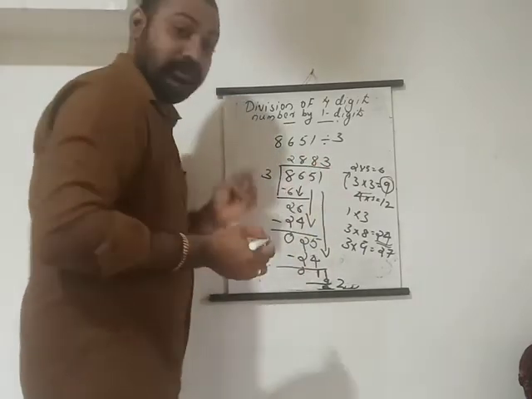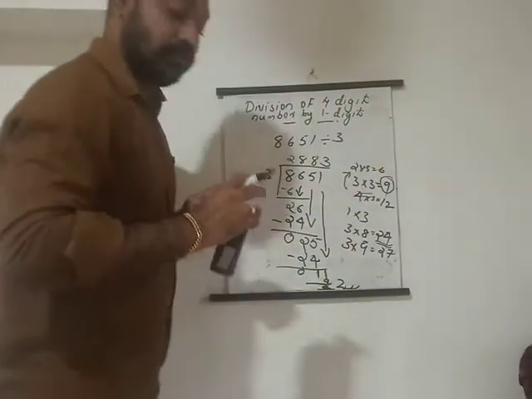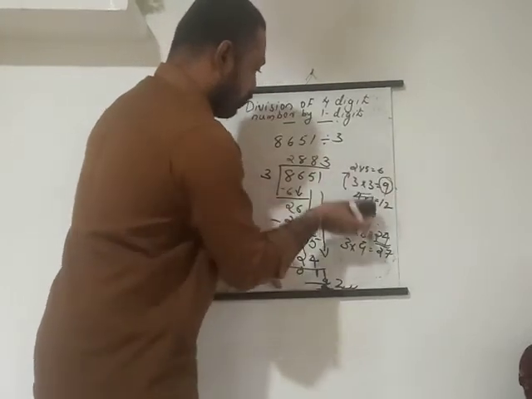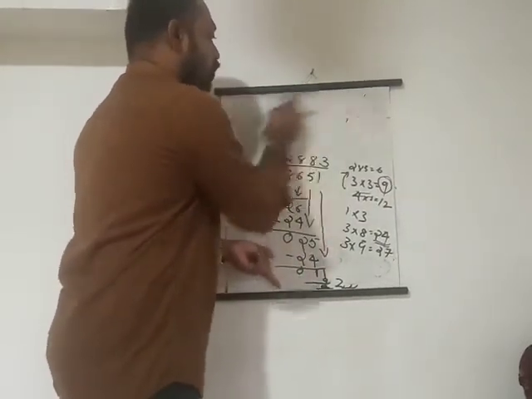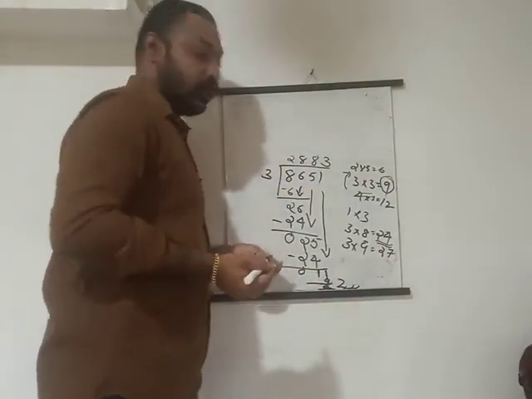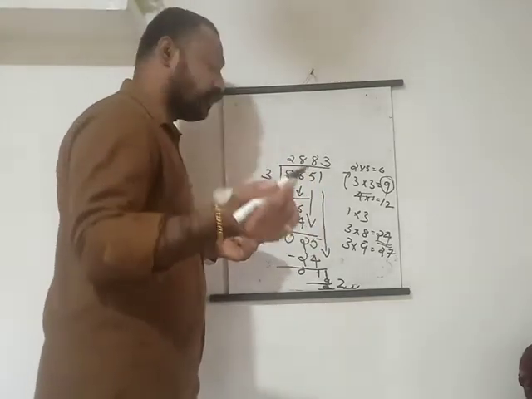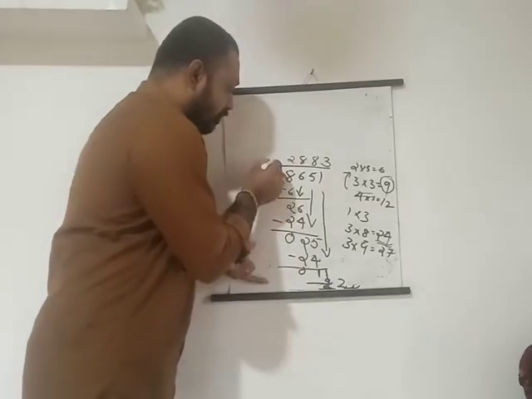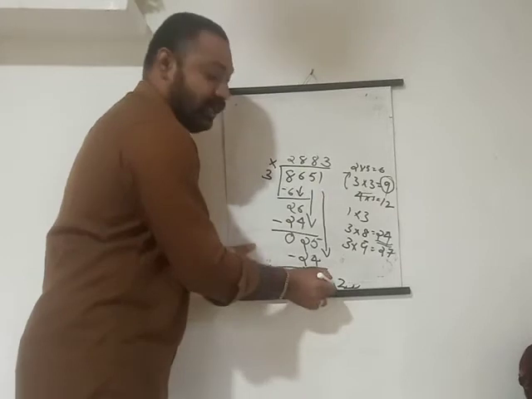So we can check whether our answer is correct or not. This is also very important. How can we check our division? We check by multiplying the divisor with the quotient and adding the remainder.